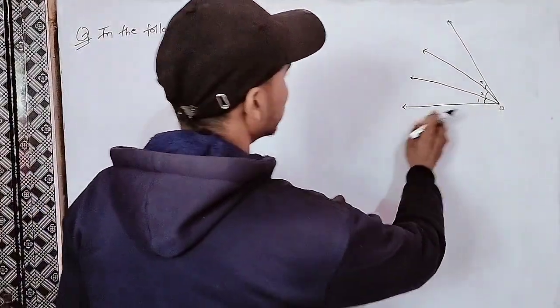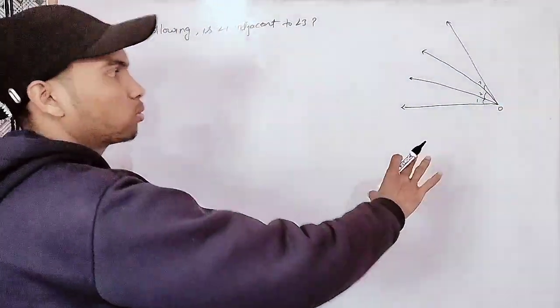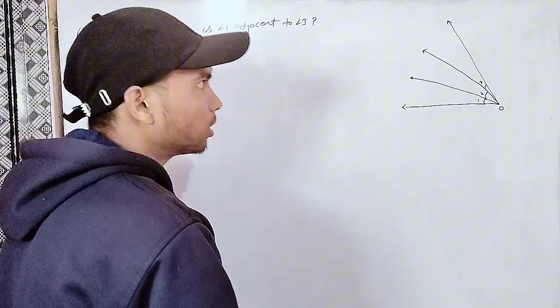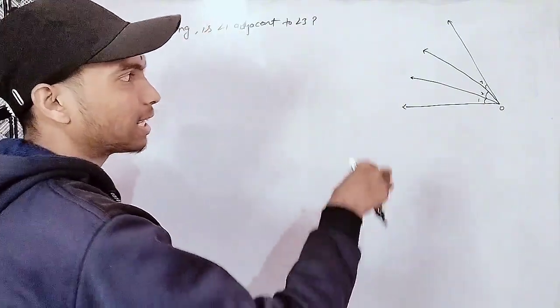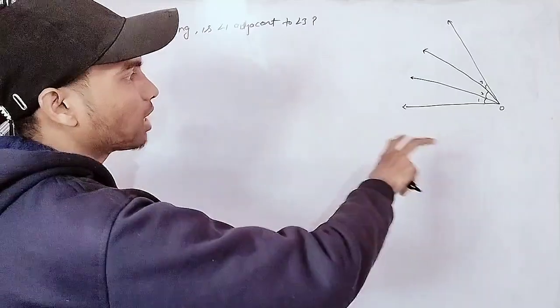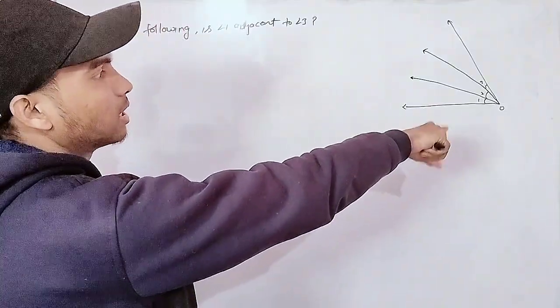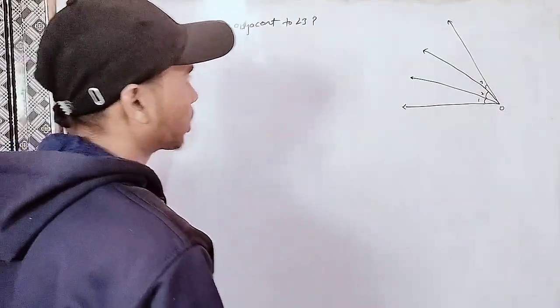This is the vertex, because at one point we have the ends of the rays. That's why we say O is named as the vertex point.